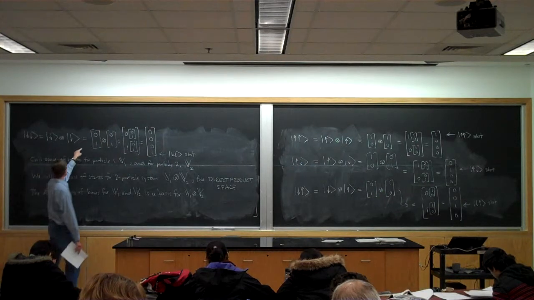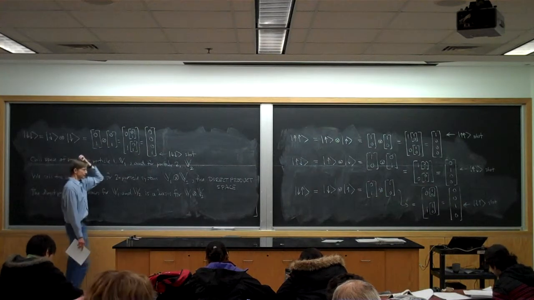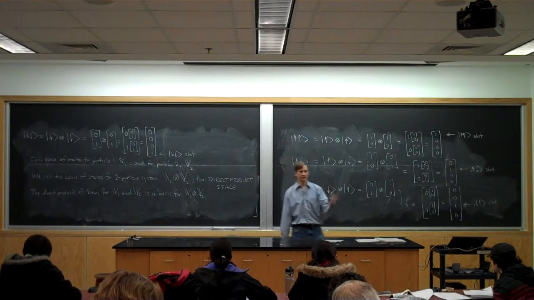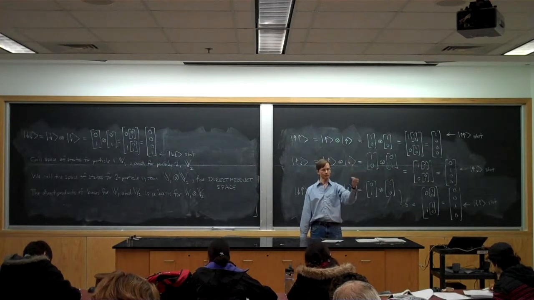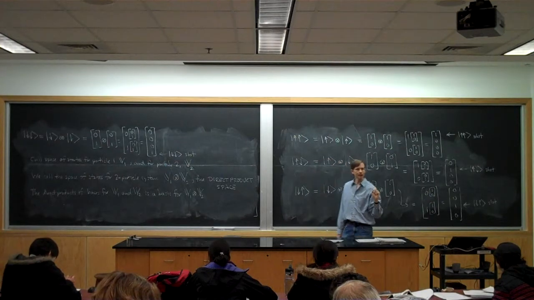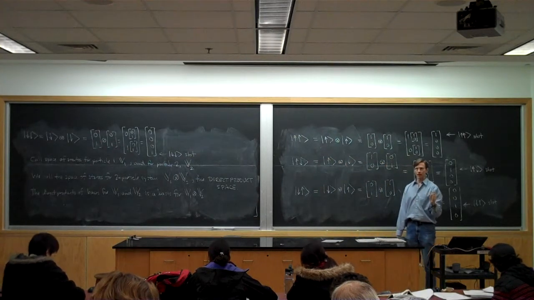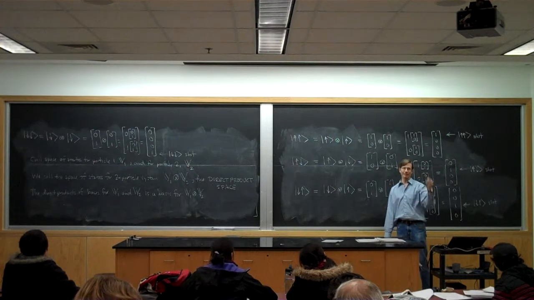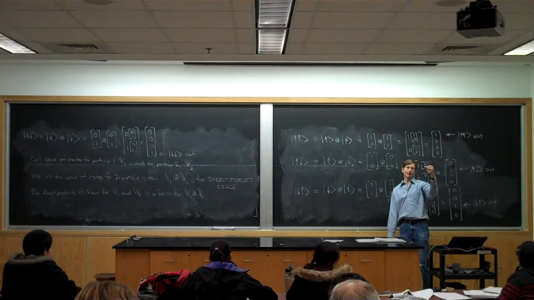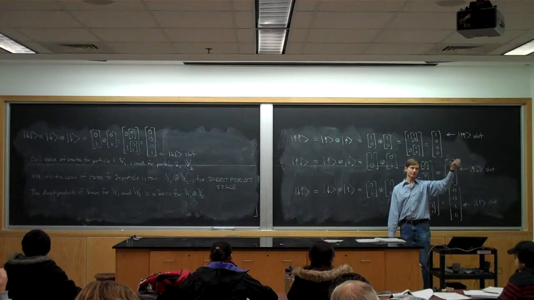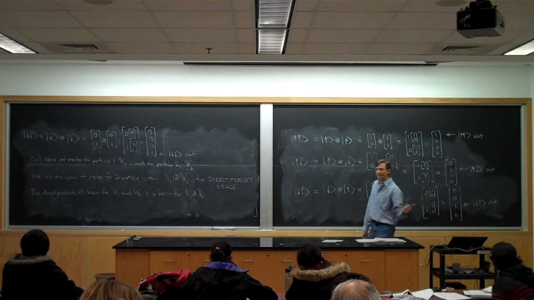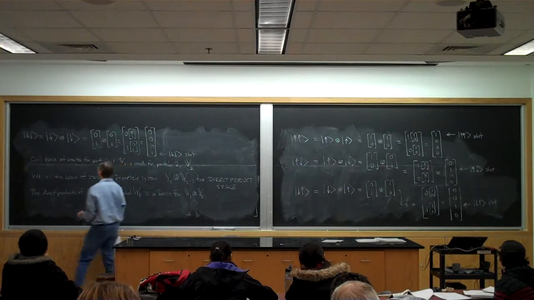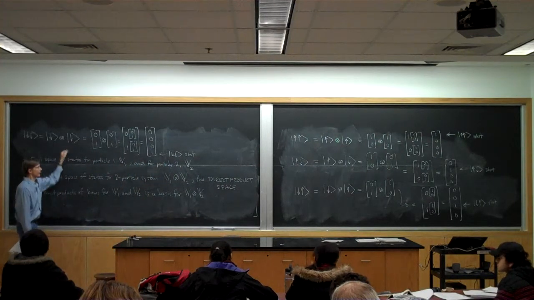And that's what we did over here. In other words, the basis for the states for particle 1 was spin up and spin down, 1, 0, 0, 1. Certainly, any two-component column vector can be written as a sum of 1, 0, and 0, 1 with appropriate coefficients, right? Because A over B as a column is A times 1, 0 plus B times 0, 1. So obviously, any state can be written as a sum of spin up and spin down.